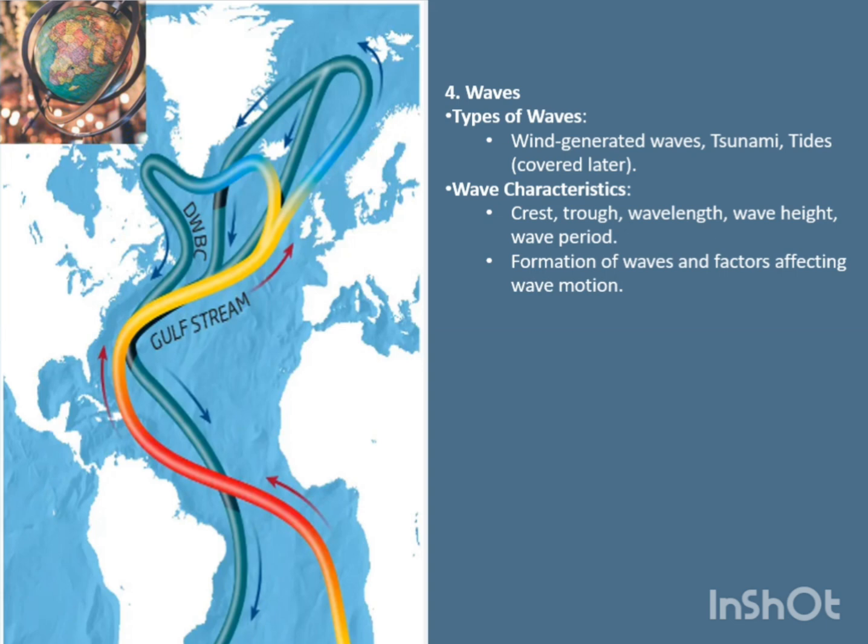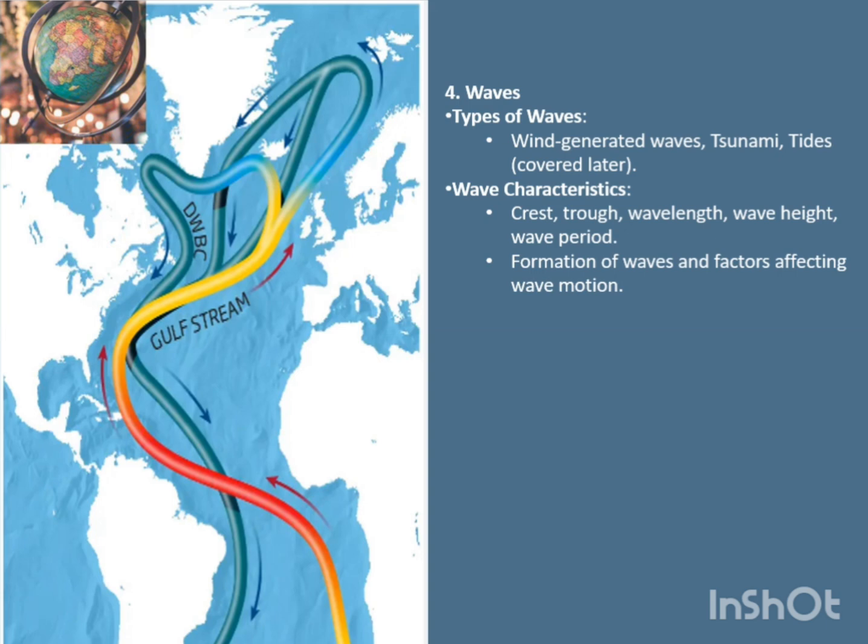The highest point of the wave is called the crest and the lowest point is the trough, and the distance between two crests is the wavelength. While tsunamis are a special type of wave caused by underwater earthquakes or volcanic eruptions. Tsunamis can be extremely destructive, as we have seen in recent history. Understanding waves is very essential for understanding how energy moves across the oceans.